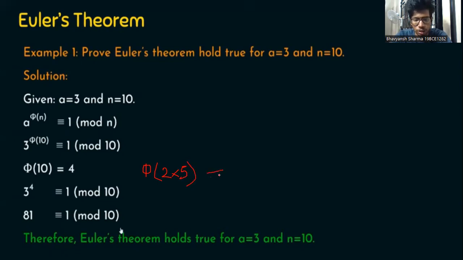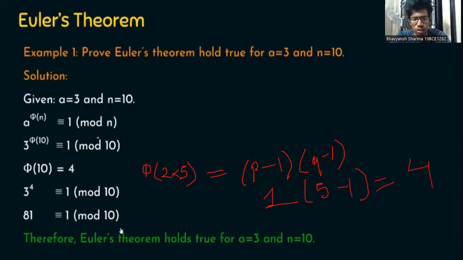The formula is that we take p minus 1, that is the first prime number, into q minus 1. So p here is 2, and 2 minus 1 is nothing but 1. And q minus 1 is 5 minus 1, which is nothing but 4. So here we're getting a value of 4.